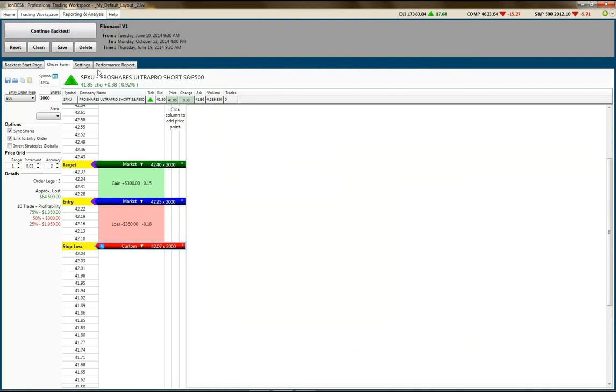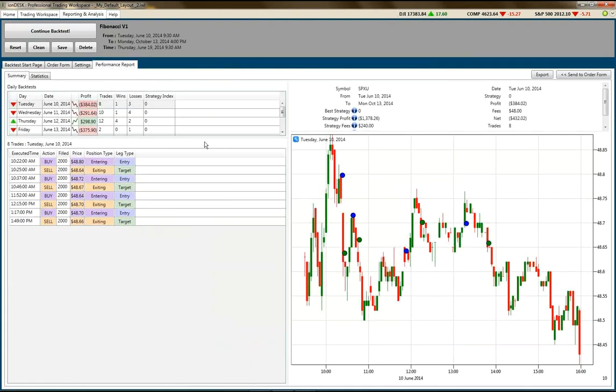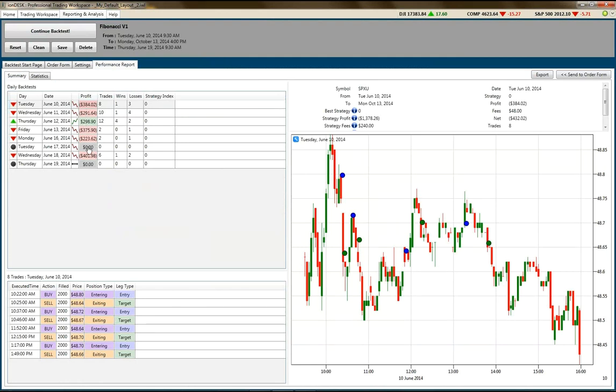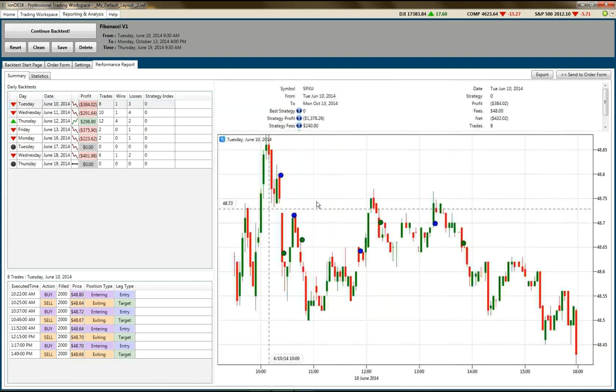I thought we may want to look at a few days and see what's going on here. What you're able to do is come in and take a look. It looks like SPXU was trading on some down days, and we were getting caught there.